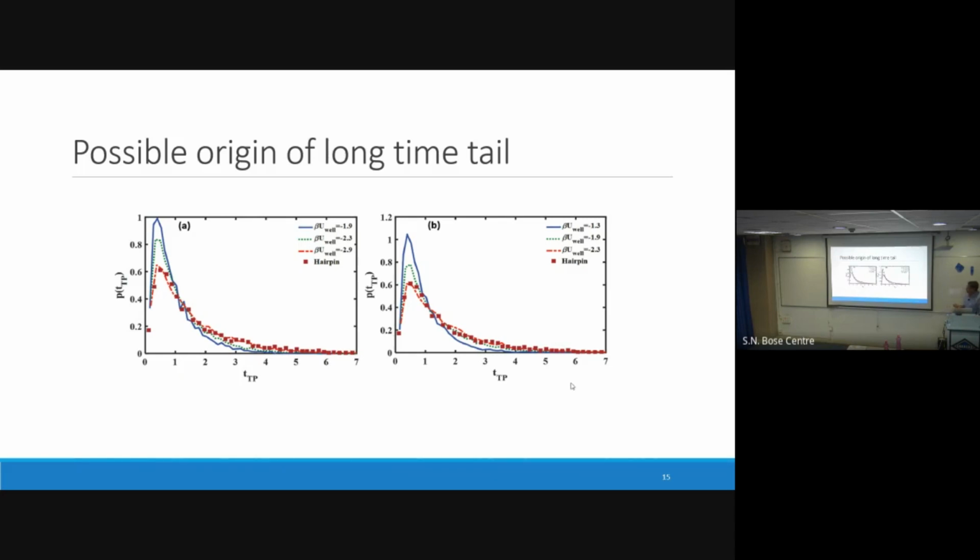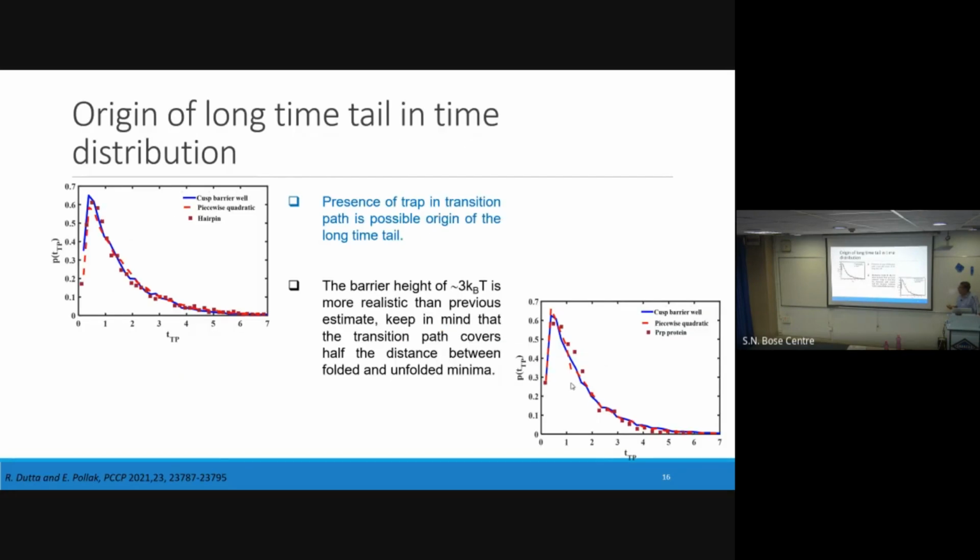Importantly, we also get the barrier height of about 3 kBT. We fix the barrier height at about 3 kBT for DNA hairpin, and for another protein we also got an exact fit, with a barrier height of 2.5 kBT for both potentials.